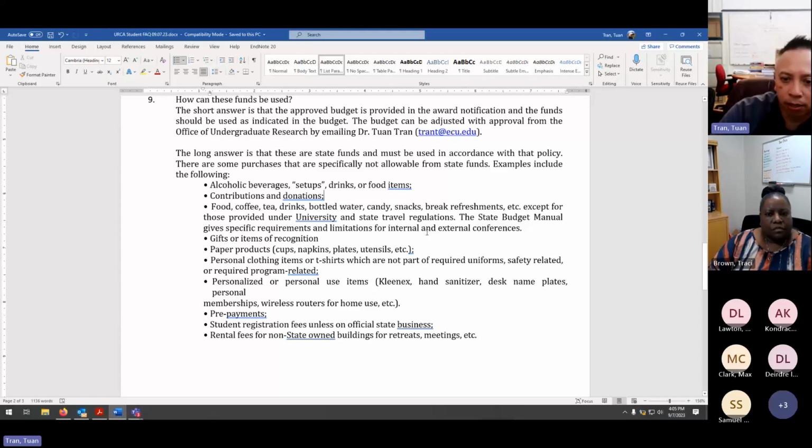You'll see the types of items you should avoid putting into your grant budget, such as food or drink items, contributions and donations. You can read the rest of those bullet points from there. So don't try to budget in these types of items.